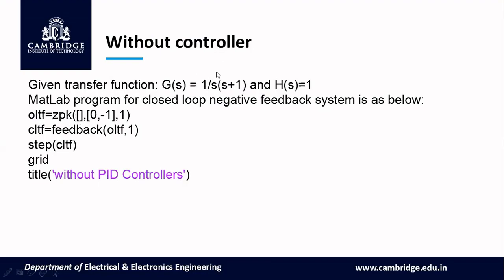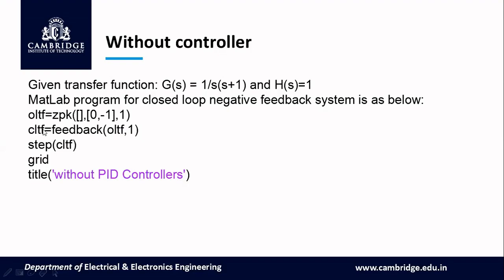Number of zeros, nothing is there, so you just leave it as it is. Number of poles, so one pole is at 0, then another pole is at -1, represent that as -1. Then constant k: the numerator k is 1, so represent that as 1. Now close the bracket.